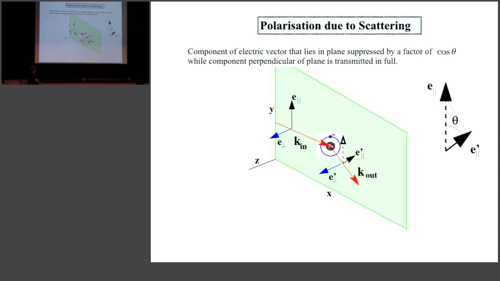The scattering leaves alone this component perpendicular to the plane, just as I showed before. However, the component that lies within the plane actually gets suppressed. And how much it gets suppressed depends on the angle. The example that I just showed had 90-degree scattering, so this component was gone. So this component was suppressed by a factor that goes as cosine theta. When theta is 90 degrees, this component is 0.